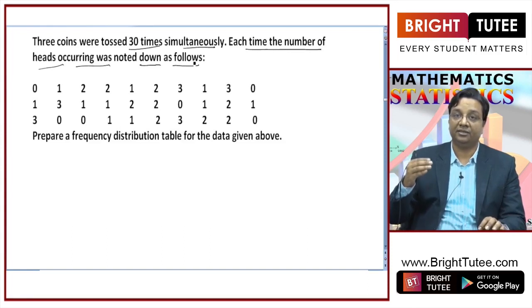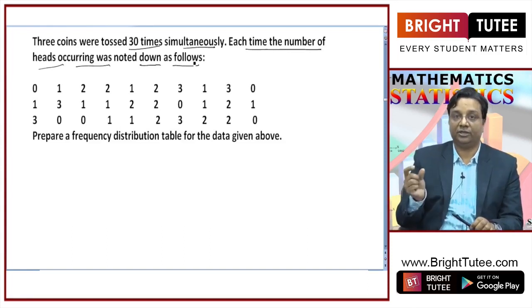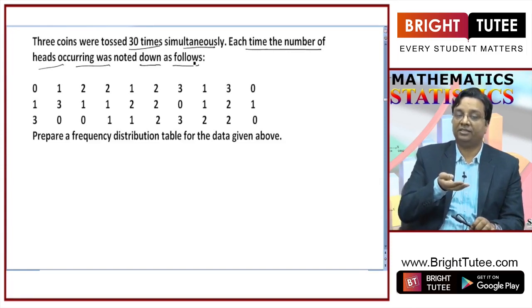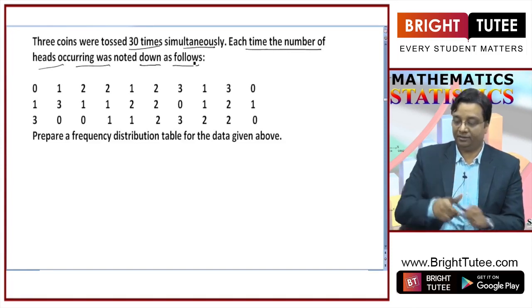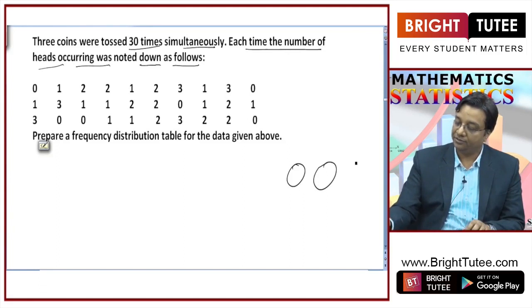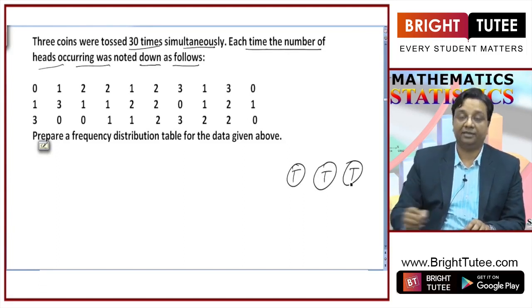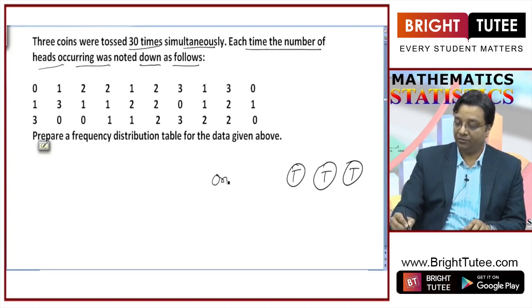There are 3 coins. On one coin, let us say you have got tail. On the second, let us say these are 3 coins. You toss them and you get this result: tail, tail, and tail. This is about the first toss.